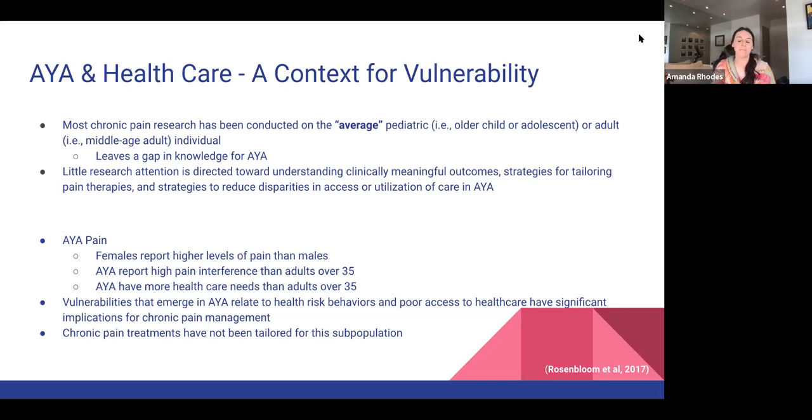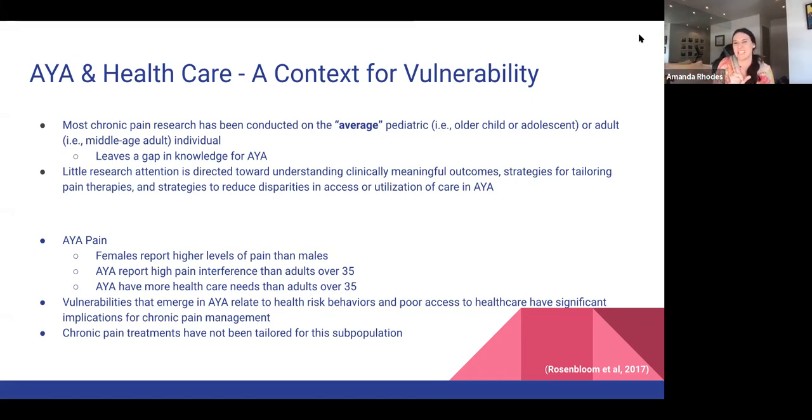Okay, so in that healthcare system, the medical system that we have, especially in the United States, most chronic pain research, as you all know, has been conducted with either the average pediatric patient, which is like an older child or adolescent, or an adult, right? And that middle-aged adult, 40, 45, big standard deviation there.